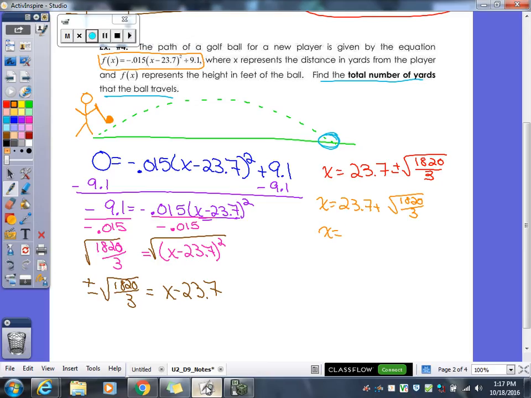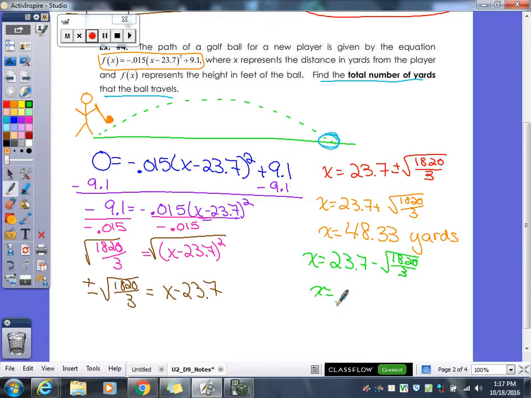Well, we'll go to 2 decimal places this time. But remember, that's in yards. The distance going out this way was in yards. Your height was the one that was in feet. So we got 48.33 yards. And then figure out with subtraction, 23.7 minus the square root of 1820 over 3.